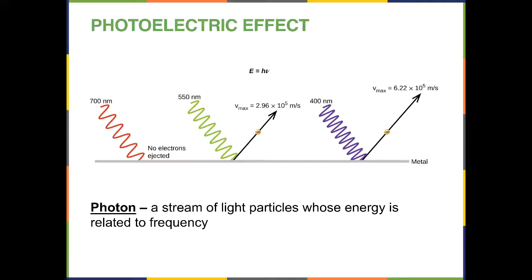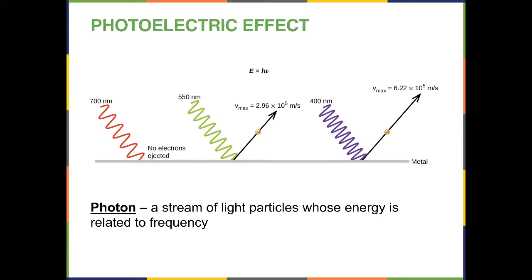You see that the frequency on the left here is lower and does not have enough energy to cause the loss of a photon. But the other two, 550 and 400, both result in the ejection of photons.